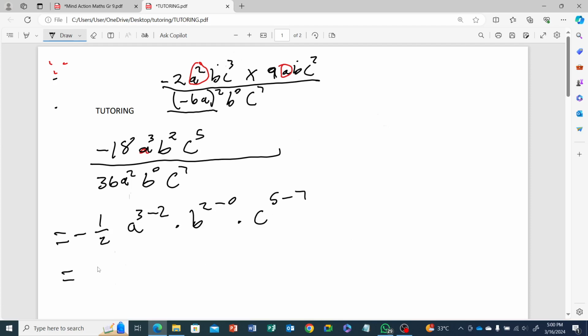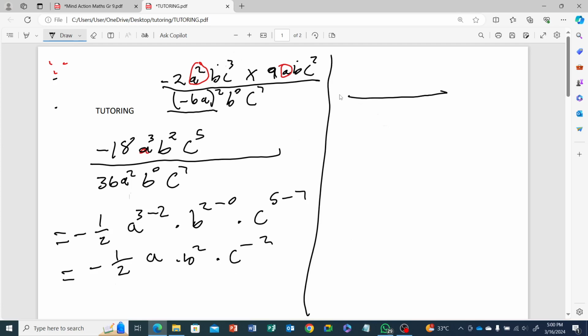So what do we have? We have negative 1 over 2 times a times b squared times c exponent minus 2. Okay, now let us write it in the simplest form. It's negative 1 over 2. So all variables with positive exponents go to the numerator.